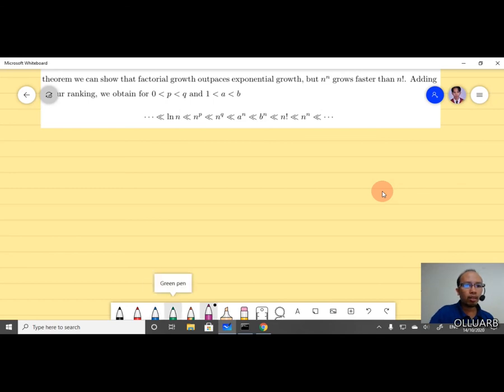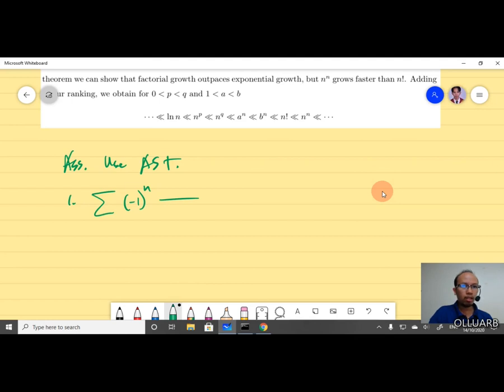Let's try color green. Okay, assignment: use the alternating series test. Number 1, you have the summation of negative 1 to the n times the quantity ln of n over ln n squared raised to the power of n, where n starts from 1 to positive infinity.